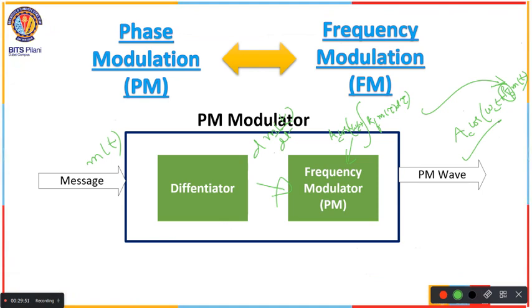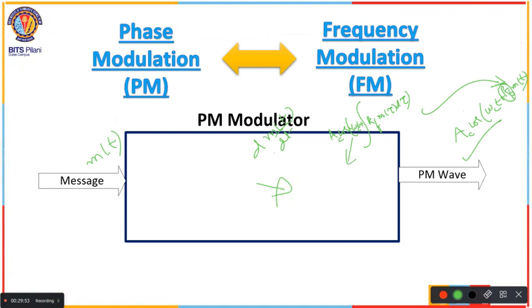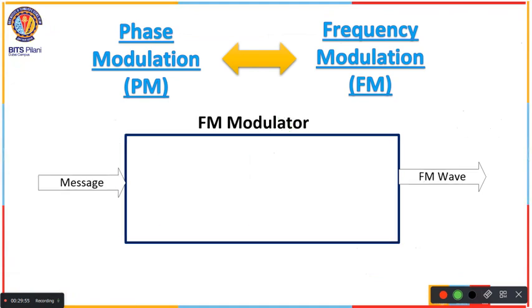Now similarly, in the previous case, listen carefully, what you want is an FM modulator. What is the equation of FM? A_c cos of omega_c t plus k_f into integration from minus infinity to t of m of tau d tau. This is required for you.